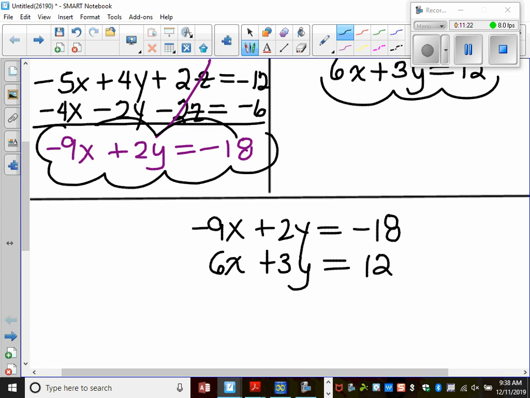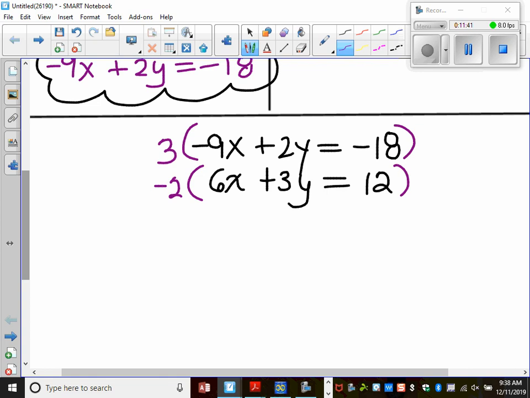So let's say I want the top one to be a positive 6. What would I multiply by? 3. And I want the bottom one to be negative 6, so I would multiply by what? Negative 2. So now I need to go ahead and rewrite both of my equations multiplying by 3 and negative 2. So I'm going to have negative 27x plus 6y equals negative 54.